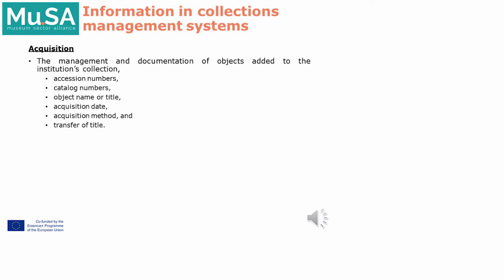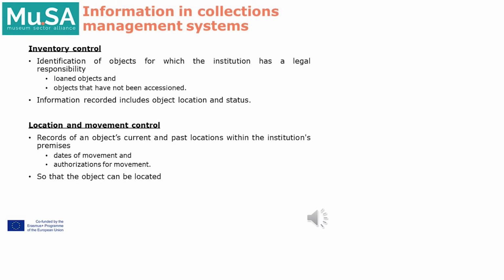It is the management and documentation of objects added to the institution's collection, for example, accession numbers, catalog numbers, object name or title, acquisition date, acquisition method, and transfer of title.